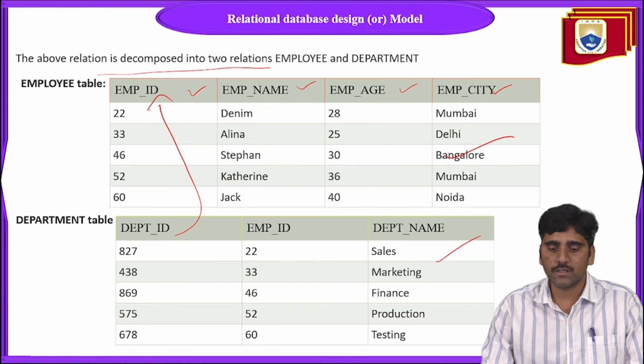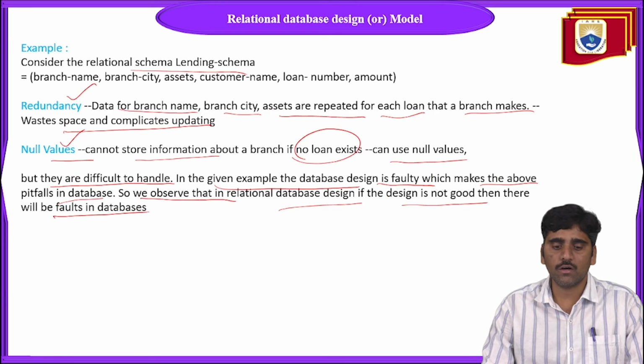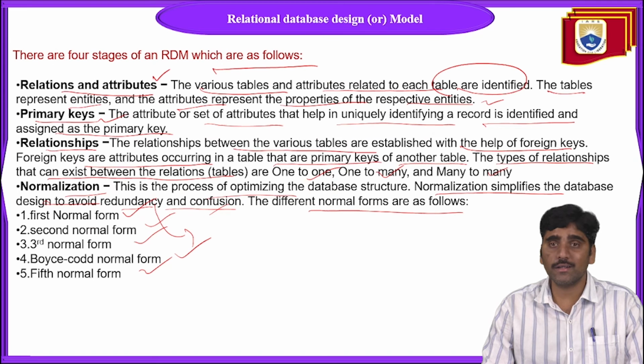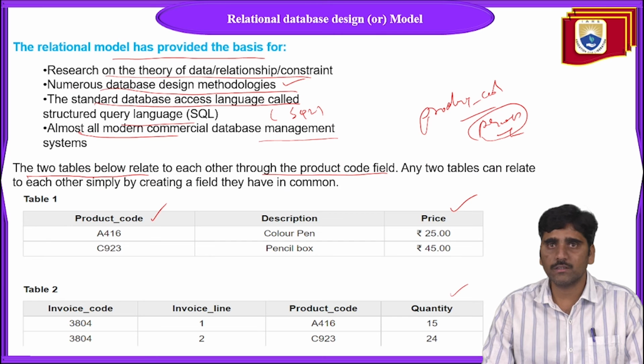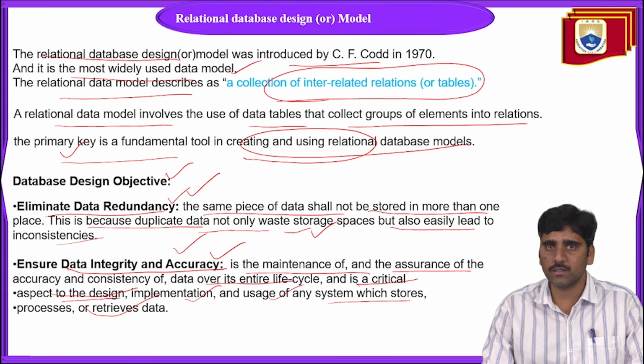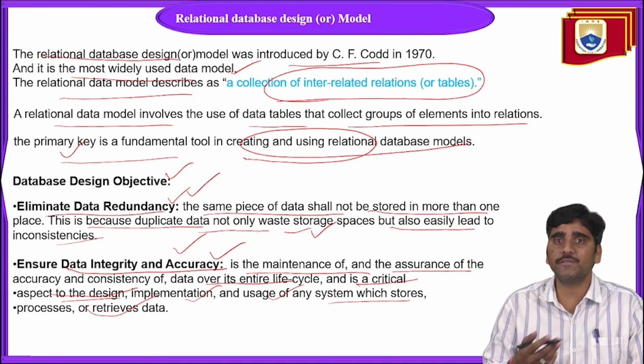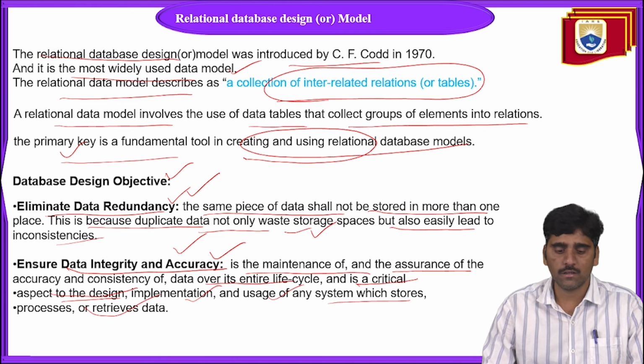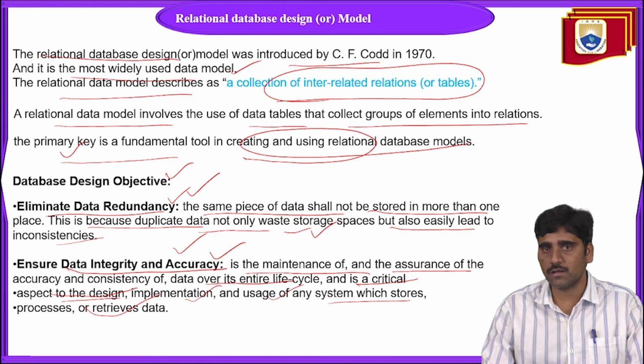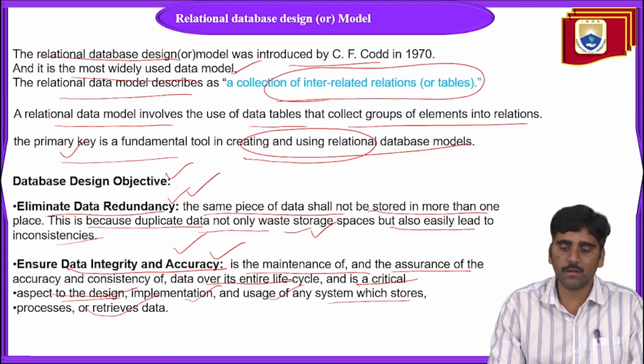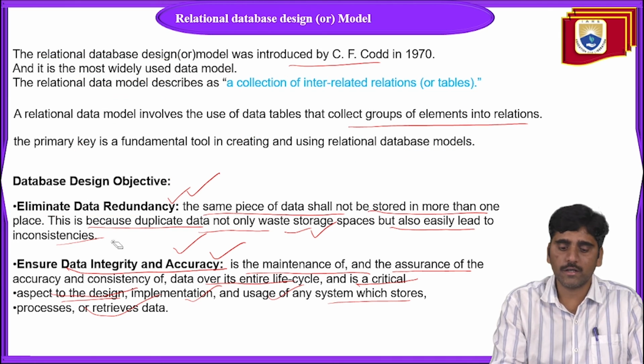So in this session, we discussed the relational database model. What is meant by the relational data model, and what are the main design objectives of the database: redundancy, integrity and constraints accuracy. What is meant by relational database design.